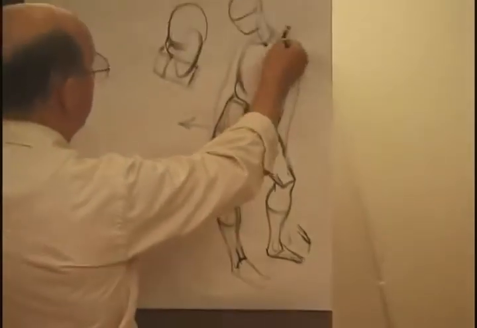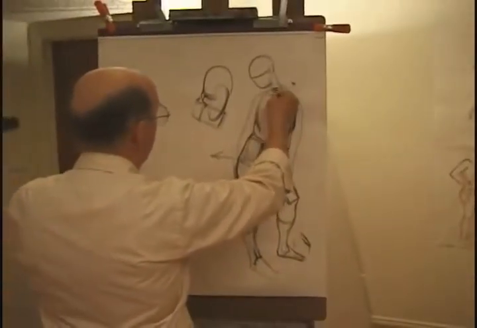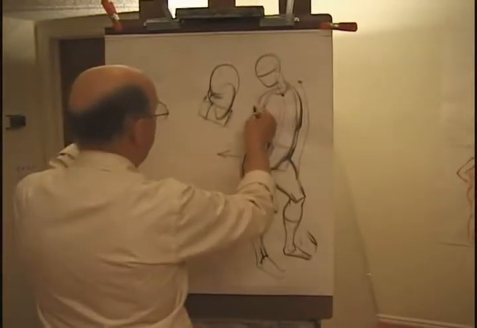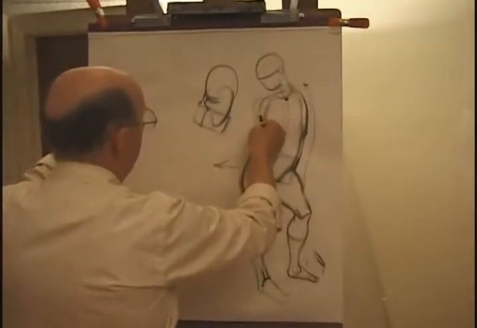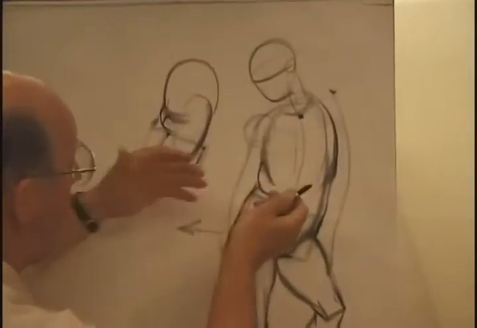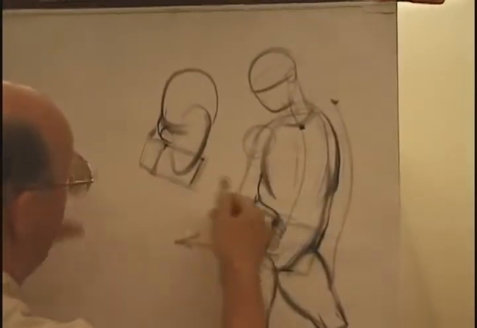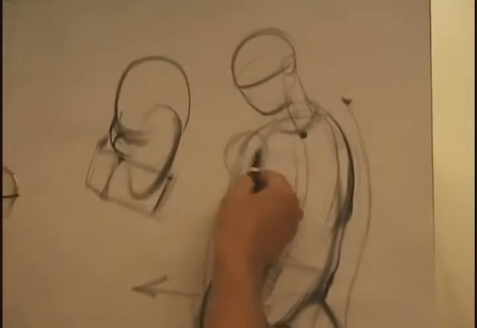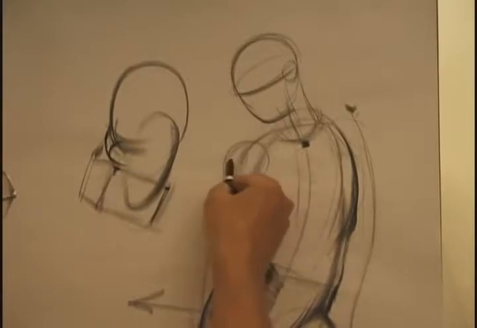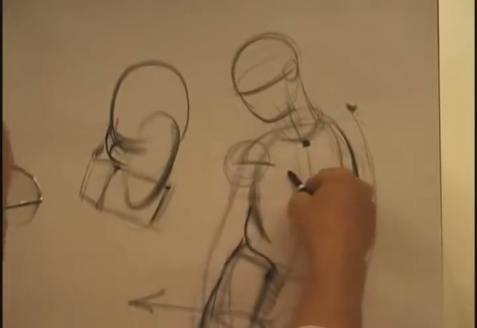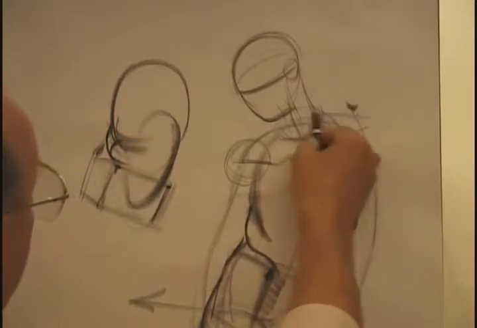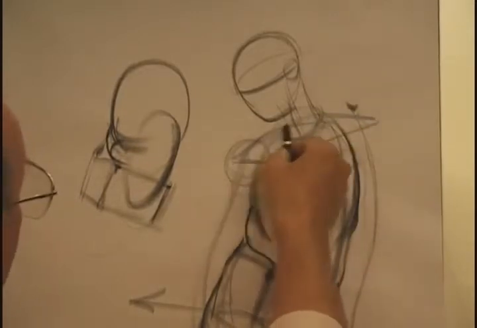Now, as I start to look at, say, the shoulders here, I can begin by saying this is a round type form here. But that doesn't do an awful lot for helping me to see how the shoulder is coming around. Again, in the last session, we saw how seeing the whole upper part of the torso as a box gave us a very clear indication of what direction the form was going.